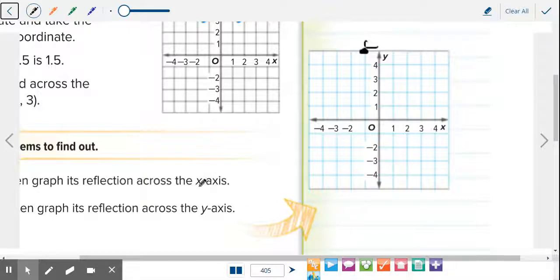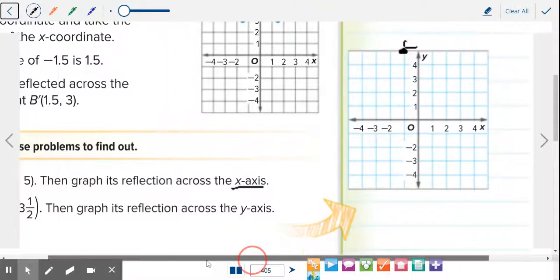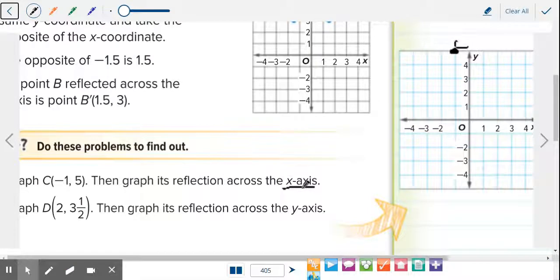So now they want you to reflect over the x-axis. So if we're reflecting over the x, what are we changing? To the opposite. Hunter? Oh, we're reflecting over the x-axis, so which one do we change, Destiny? The y. So we leave -1 the same.